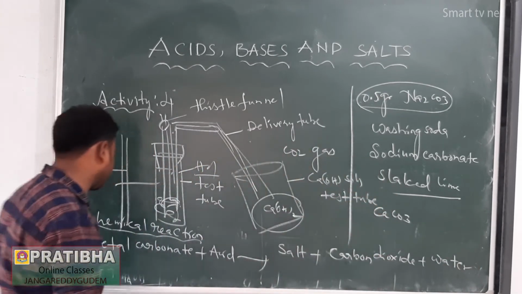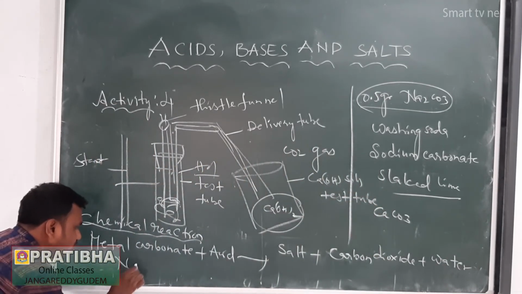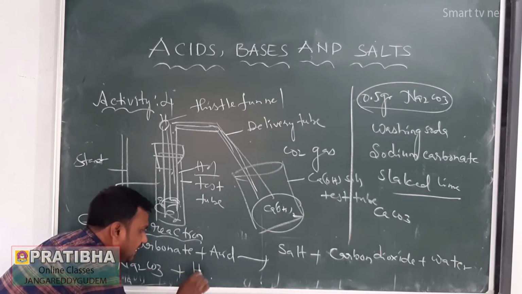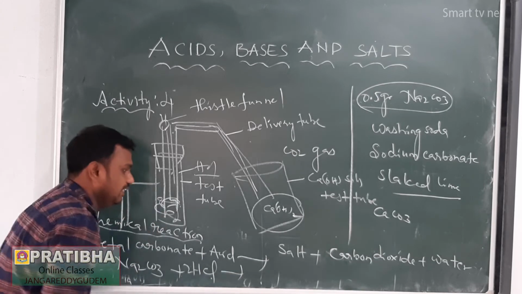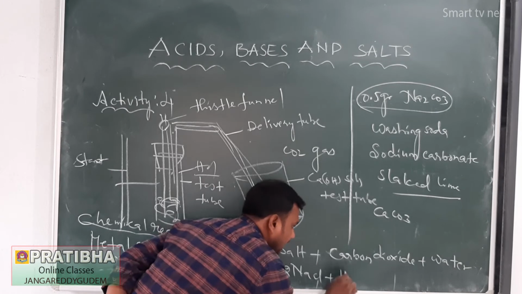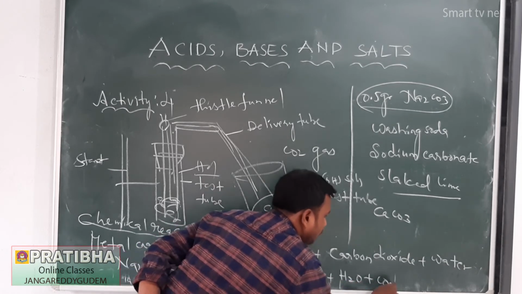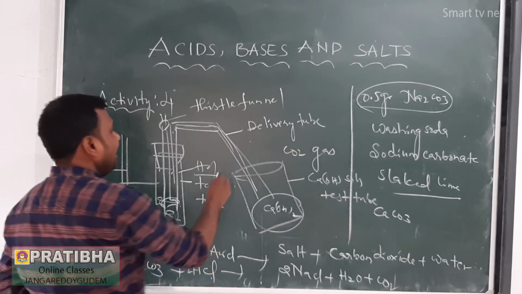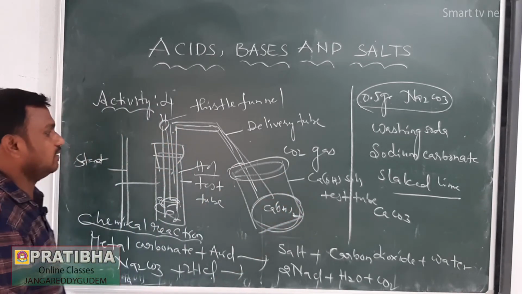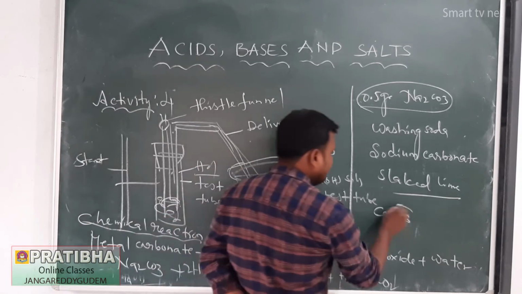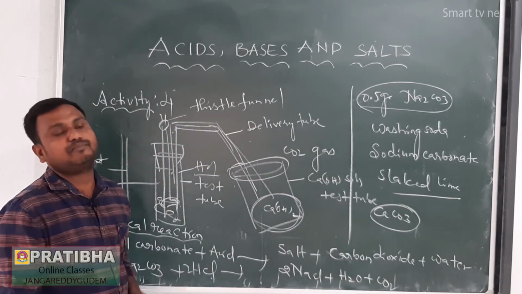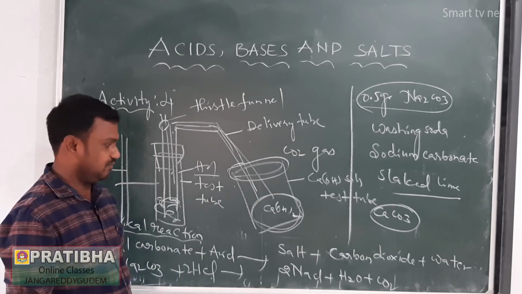Written as a chemical equation: metal carbonate Na2CO3 plus acid 2HCl to form 2NaCl plus H2O plus CO2, and the liberated CO2 gas we can pass into the Ca(OH)2 solution. After that we can get CaCO3, that is milky white color, and an insoluble precipitate is formed during this reaction.